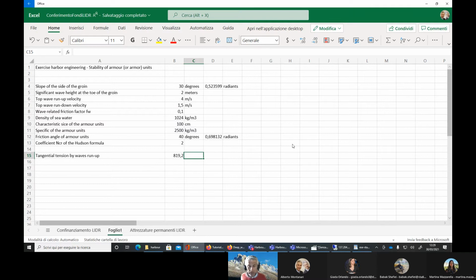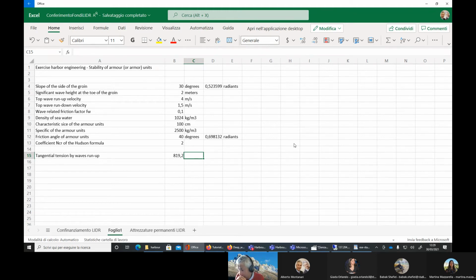What is the unit? This is given by 0.5 times the density of seawater in kilograms per cubic meter. Kilogram force, actually.